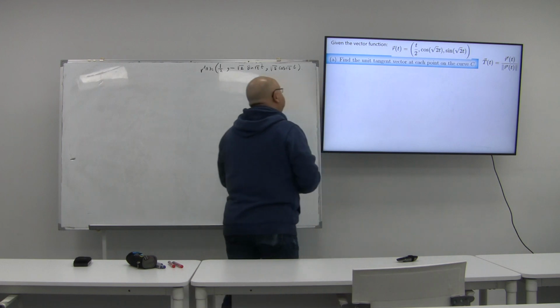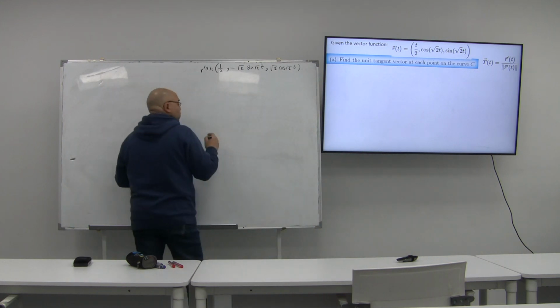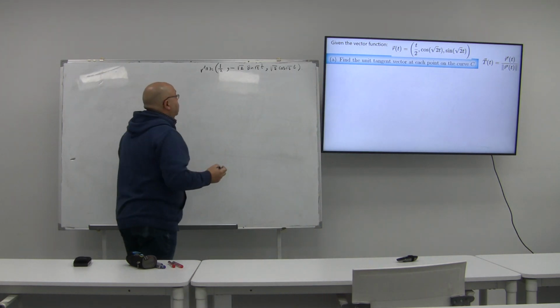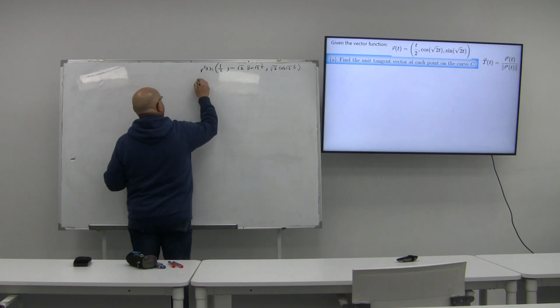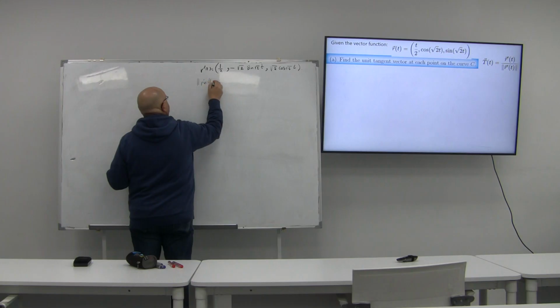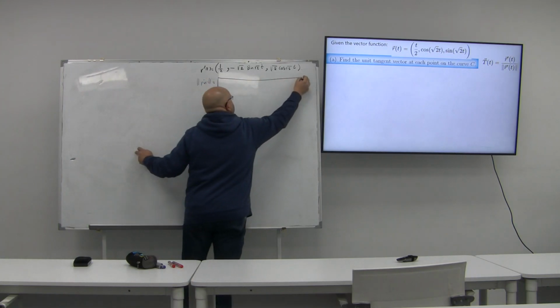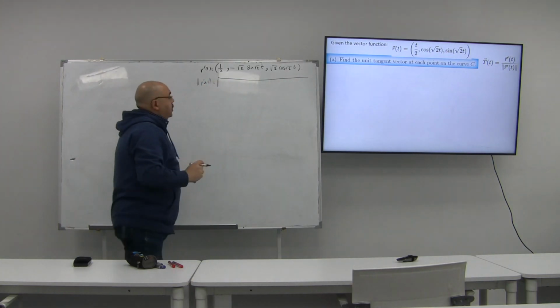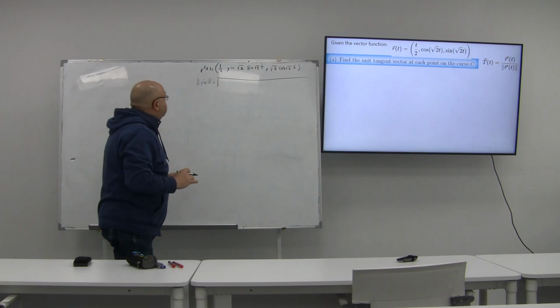I will need to find the magnitude in order to find the tangent as a unit vector. To get the magnitude of r dash, all I have to do is take the square root of the sum of squares of these components.